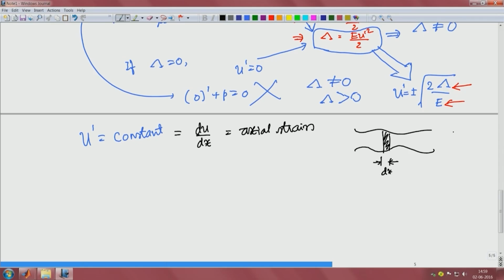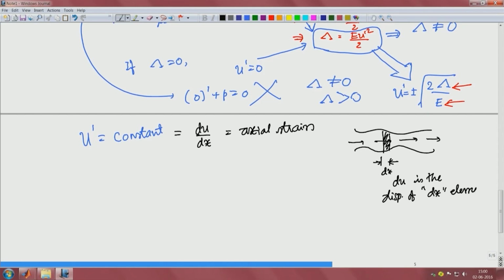When this bar deforms due to axial loading, if that is u of x, the function, du will be the displacement, the incremental displacement of the dx element.